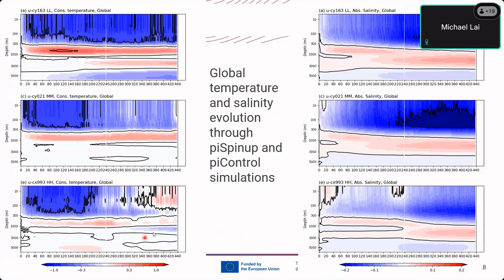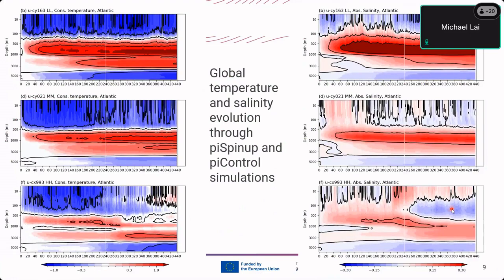And so you can see certainly that the high resolution model is doing something rather different in terms of temperature. It certainly ends up in a rather different place. And the salinity doesn't get nearly as fresh in the high resolution model.